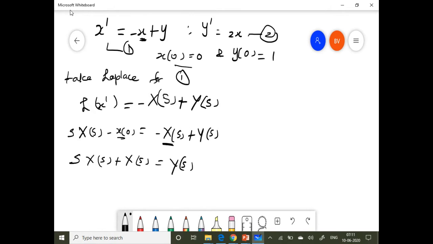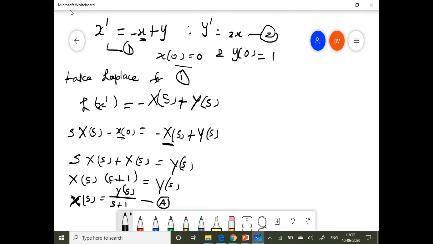If you take X of s outside, it will be s plus 1 on the left side, which is equal to Y of s. Therefore, X of s is equal to Y of s over s plus 1. This is our first result, A.